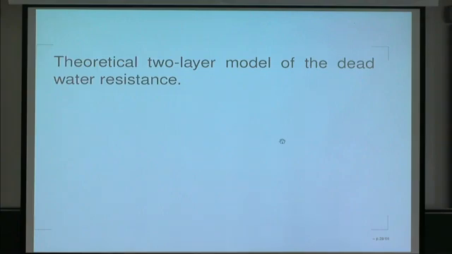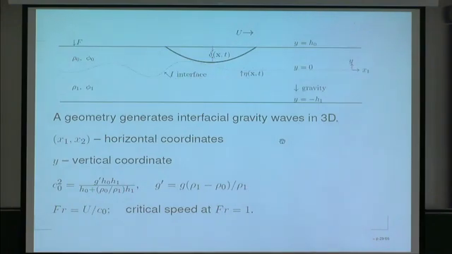So now it's a model. This is potential theory. Of course, I can't do any breaking. I can't do any intersection of the geometry with the pycnocline. I have an upper layer here. This is a free surface, which is a rigid lid.